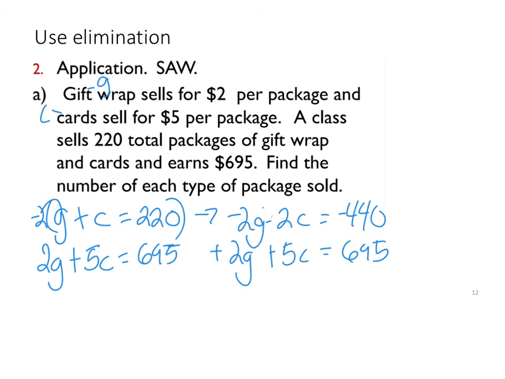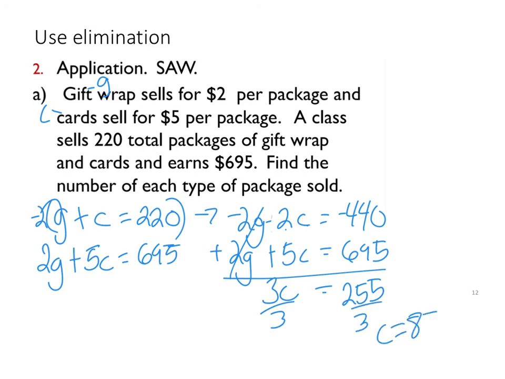Negative 2G plus 2G gives me 0. Negative 2C plus 5C gives me 3C equals negative 440 plus 695, which gives me 255. Divide by 3. C equals 85. So I know how many cards I have.